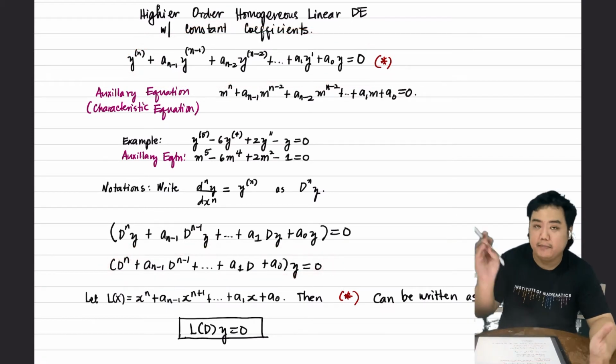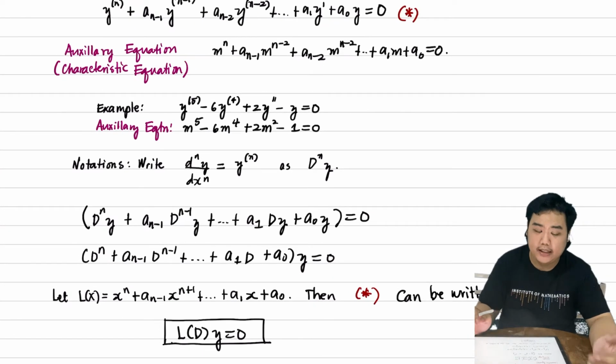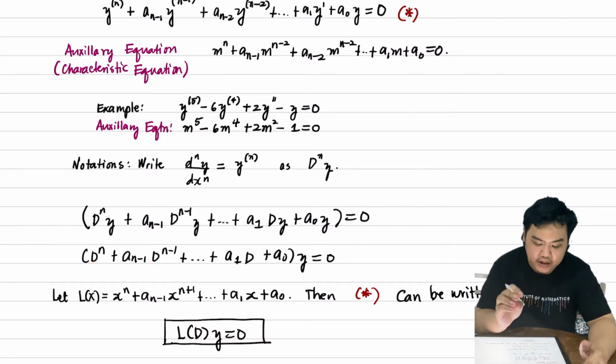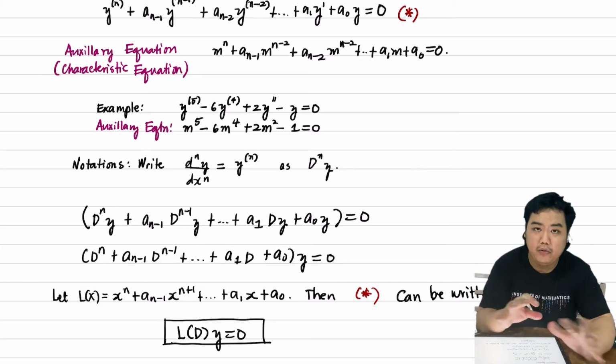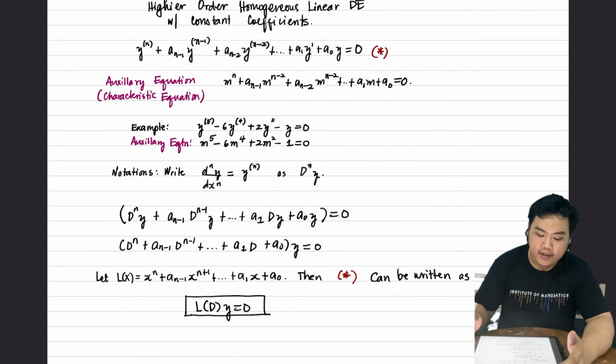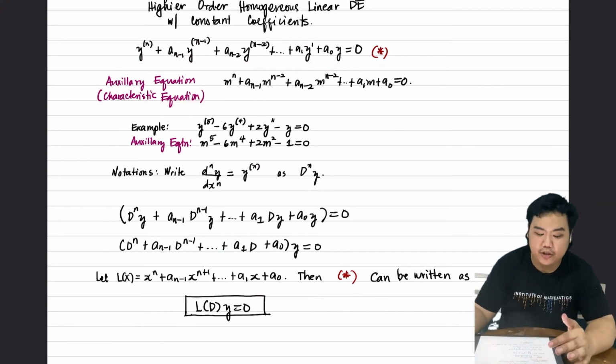Okay, but the point is, pare-pareha lang sila. Magkakaiba lang sila ng way sa pagsusulat. At madalas ginagamit itong naka-notation na letter D para kasi pag pinalitin mo yung D ng m, makukuha mo agad yung auxiliary equation.